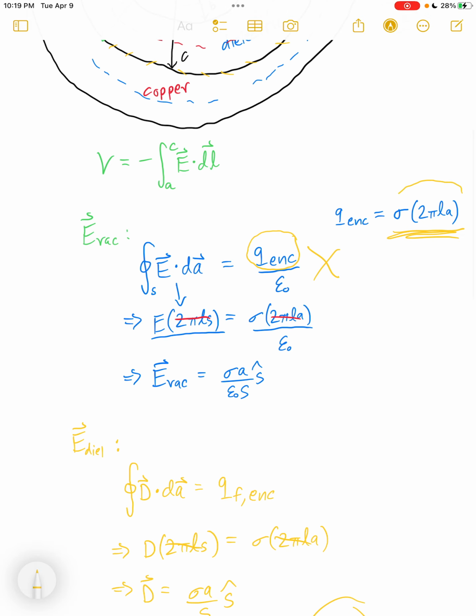This is the charge that we're going to use in the capacitance formula.